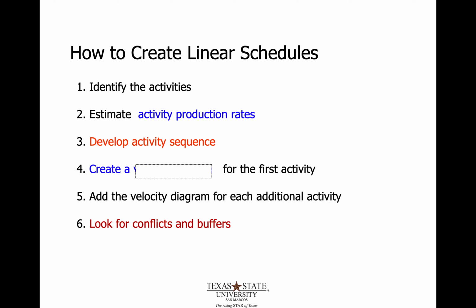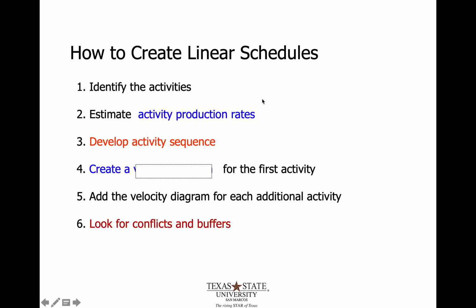Other examples of rates are anything over time, such as miles per hour, how fast you go in your car, or gallons per minute, like a fluid flow rate. Those are just some general examples. In this instance, we're talking about the distance covered per time, because it's a horizontal type of construction or manufacturing schedule.